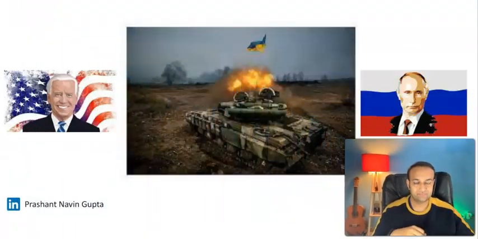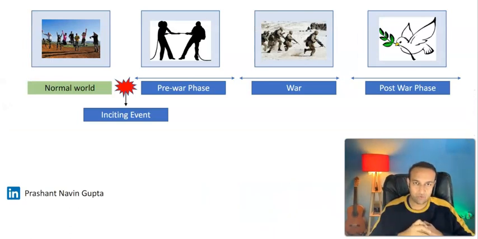Now there are three phases in any war, and to understand the impact of wars on the stock market, it is important to understand how the stock market behaves in each of these three phases. But let's first understand what these three phases are. So in the normal world, where there is peace and harmony, something happens which leads to tensions and conflicts.